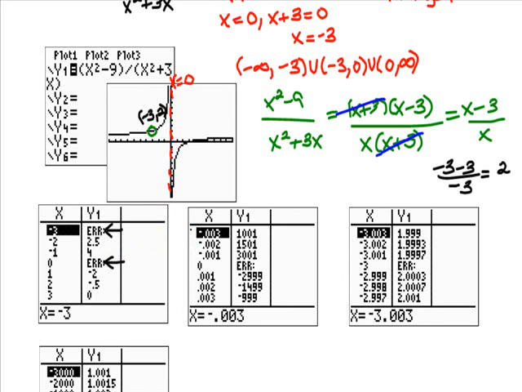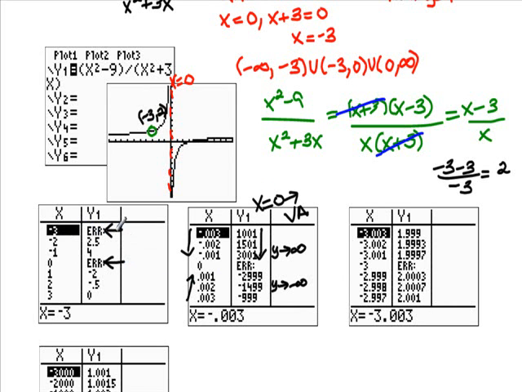Well, notice what happens as x is going to 0 from the left and from the right. What's happening? Well, these y values are going to negative infinity, right? But these y values are going to positive infinity. So as x is approaching 0 from the right and left, y is going to plus or minus infinity. So that means that x equals 0 is indeed a vertical asymptote.